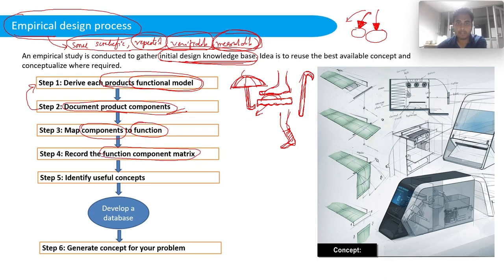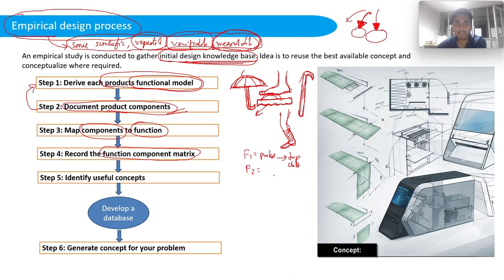Whenever there is a function, for example, this umbrella has several functions. Function one is to protect from rain. That means the component is the top cloth. Then function two: it has a handle, so you can also use that umbrella as a walking stick.